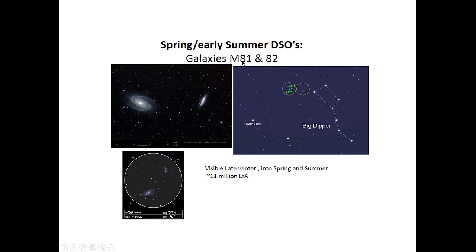And these M numbers are short for Messier. Charles Messier made a catalog of deep sky objects, and these are numbers 81 and 82 on his list. And a lot of stellar catalogs will have a number notation after them. And again, the light from these two galaxies is about 11 million years old. So it takes 11 million years for the light to get here.